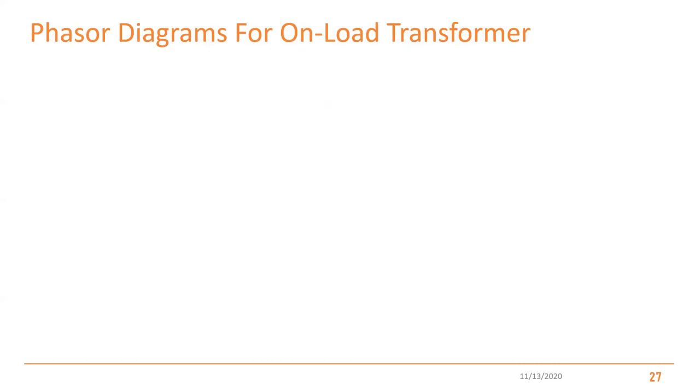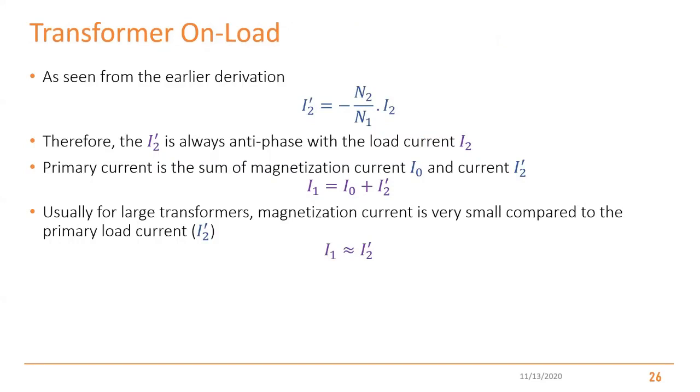The only difference is that you have to first draw the phasor diagram for the no-load condition. Then the only addition is this I2 dash part and this component.